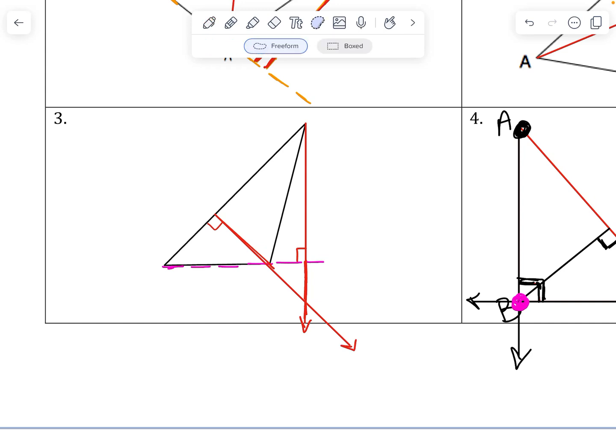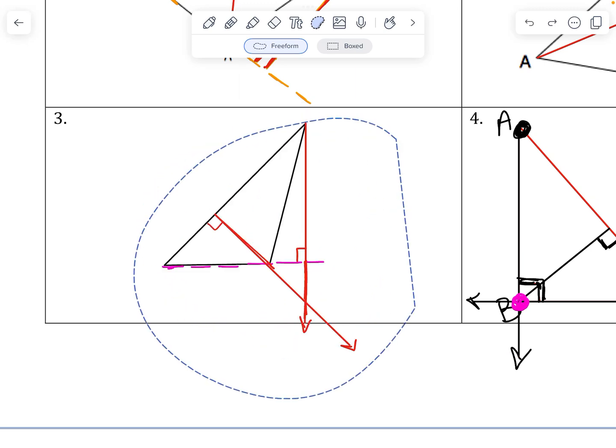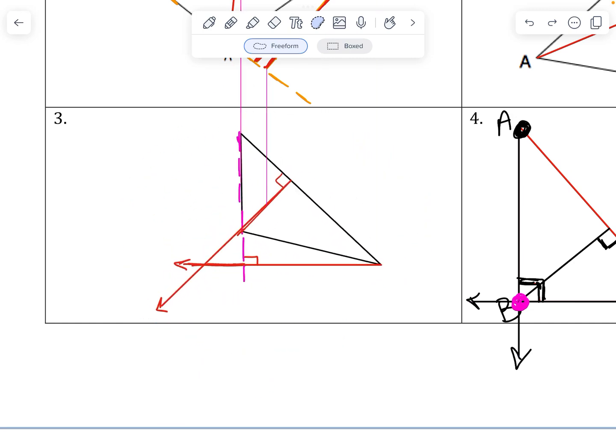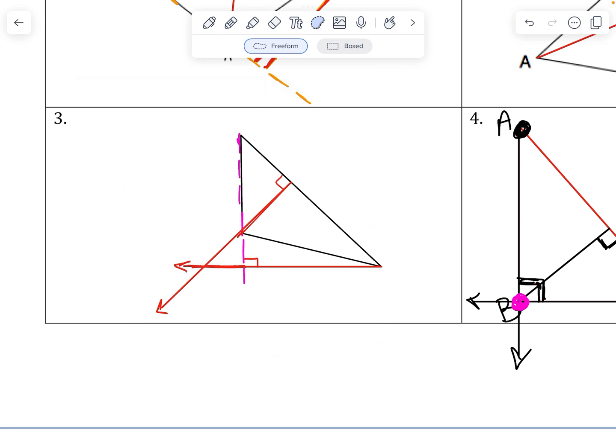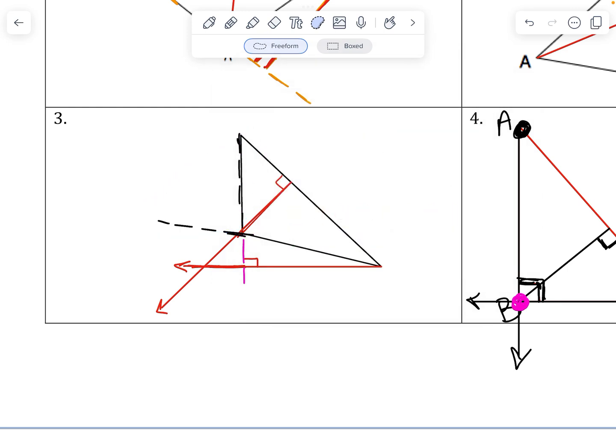If I try to find the altitude from the top angle here, I'm going to have to extend a little bit on this side as well. So let me change the colors here just to make it a little bit easier to see. So we extended the sides a little bit.